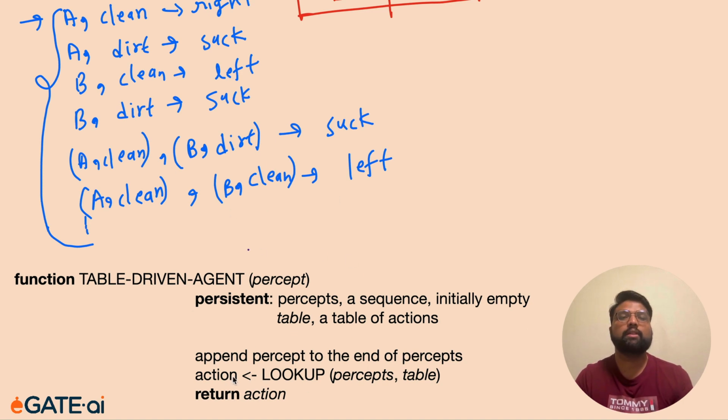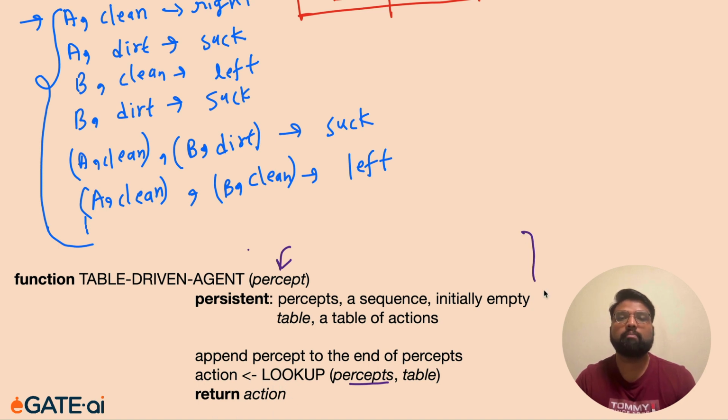This simple agent program functions as follows: it gets a percept every time, appends the percept to the percepts list, and then simply looks in the table for what action to take for the given percept sequence, and returns that action from this function.